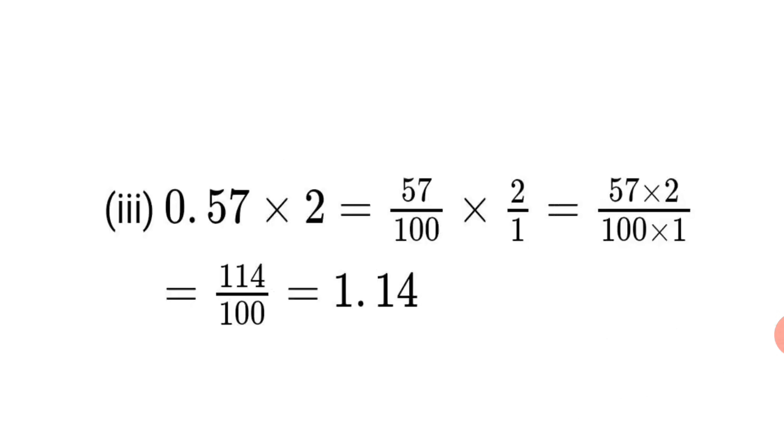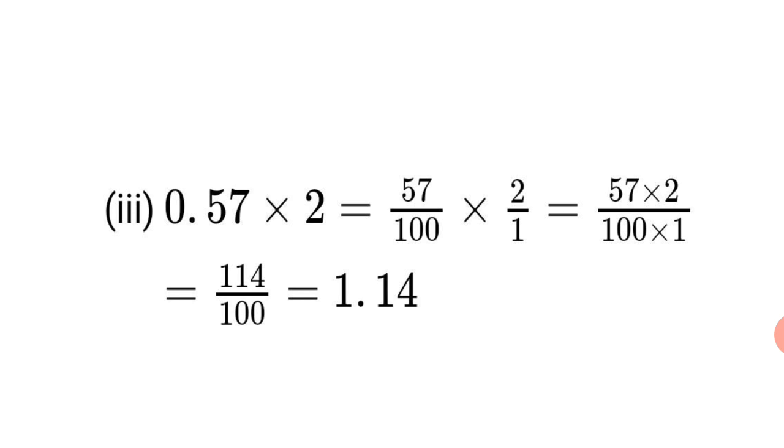Third sum, 0.57 into 2 is equal to 57 upon 100 into 2 upon 1 is equal to 57 into 2 upon 100 into 1 is equal to 114 upon 100, and the final answer is equal to 1.14.